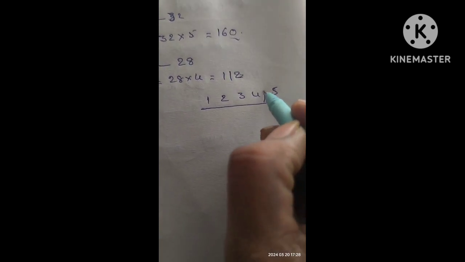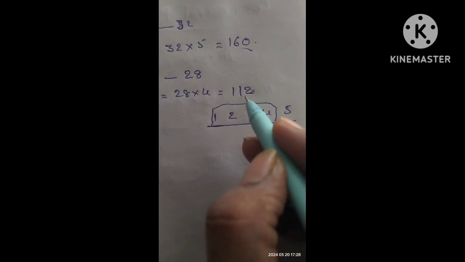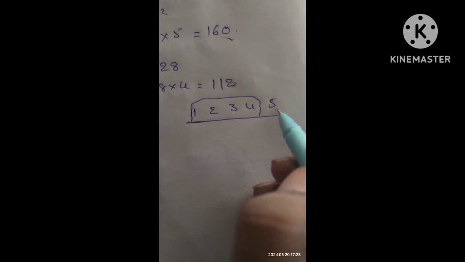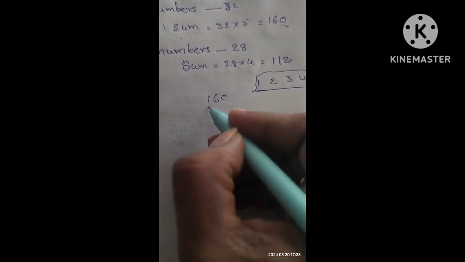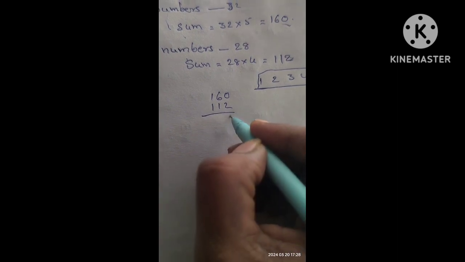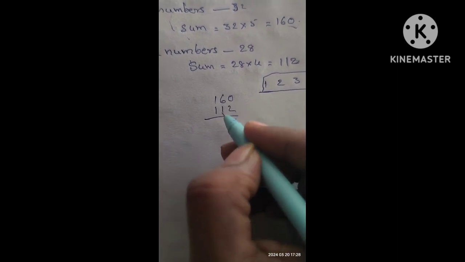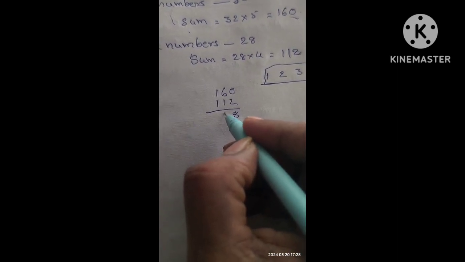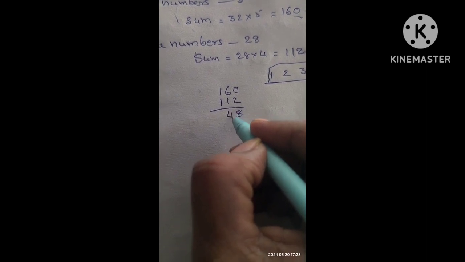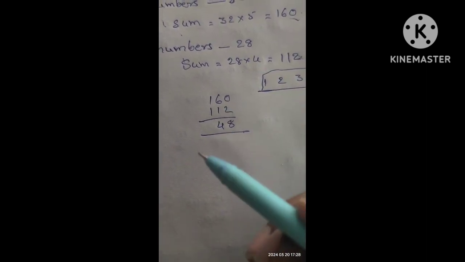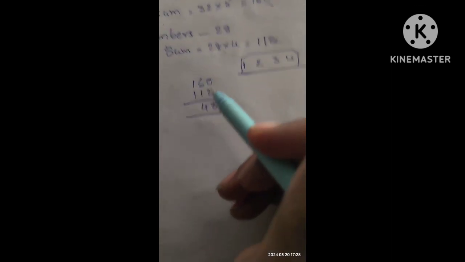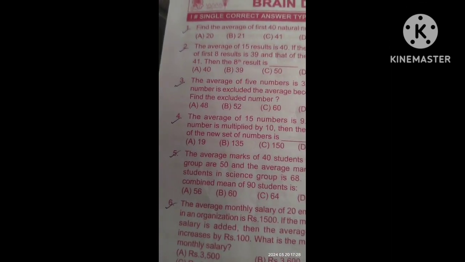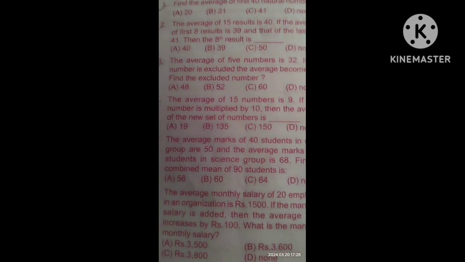If you add up to here, you will get 112. Means the difference is the 5th number. So 160 minus 112, it is 48. So the excluded number is 48. So the answer is option C.